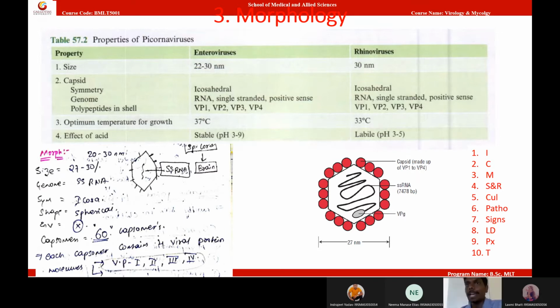Capsomer 60, right? Next side heading, susceptibility and resistance.